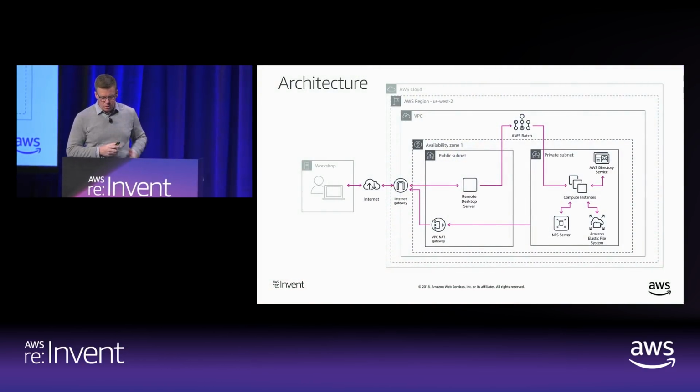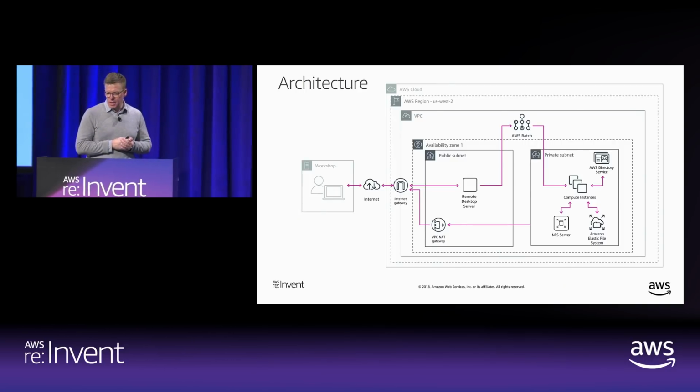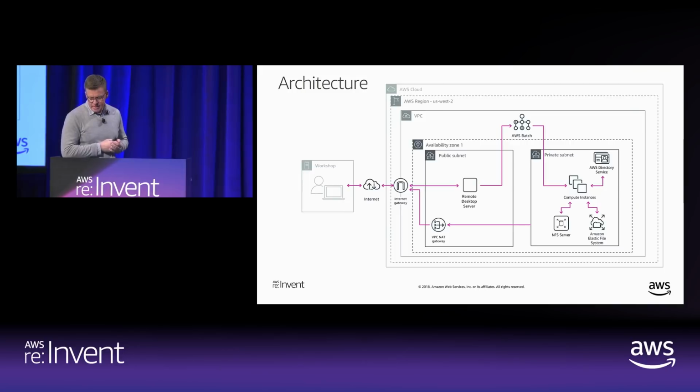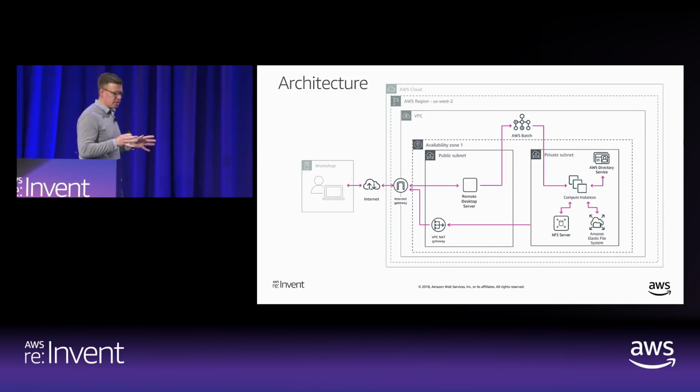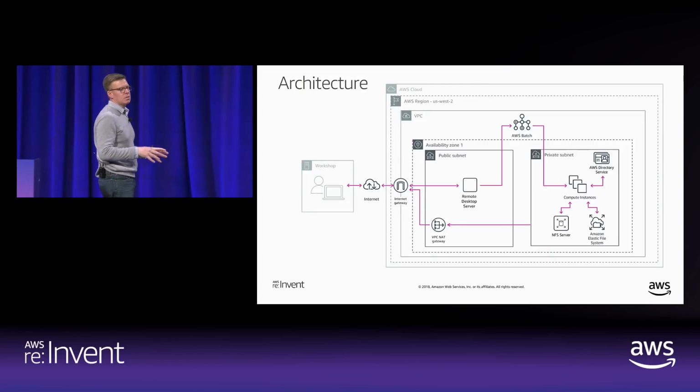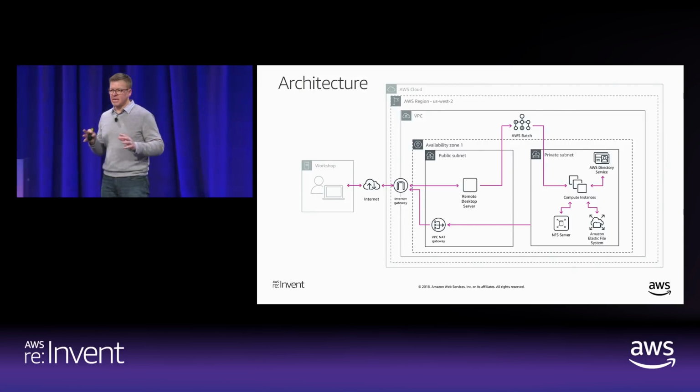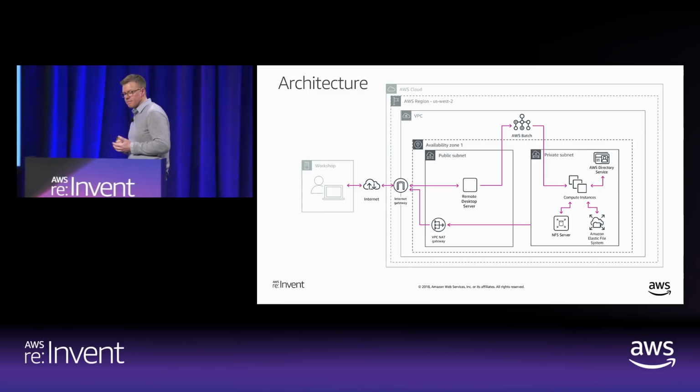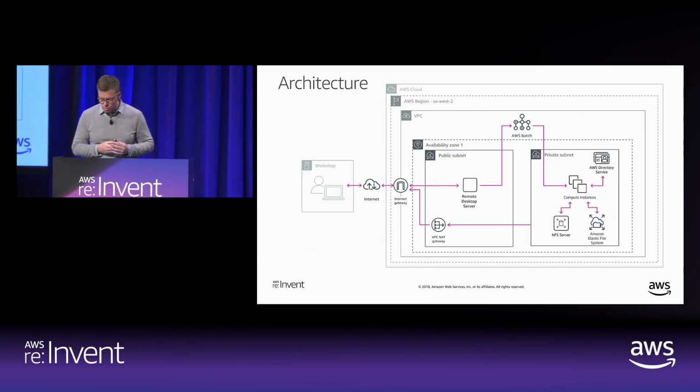So first, let me talk a little bit about the architecture of what's being created here. The architecture is very simple. We've taken our internal templates and stripped them down to this base infrastructure, and this is what we're providing during the workshop. So you've got an availability zone, a public subnet and a private subnet.